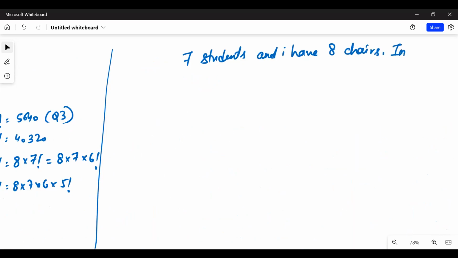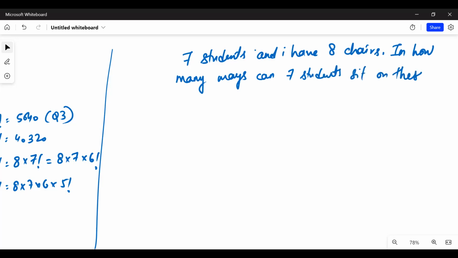If I ask you in how many ways can 7 students sit on these chairs? Suppose 7 students are there and the number of chairs is 8. So in how many ways can 7 students sit on these 8 chairs?